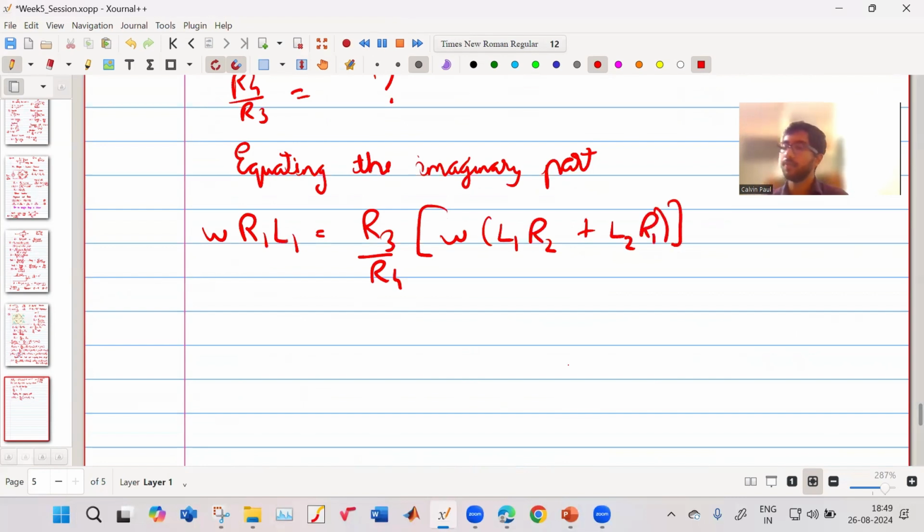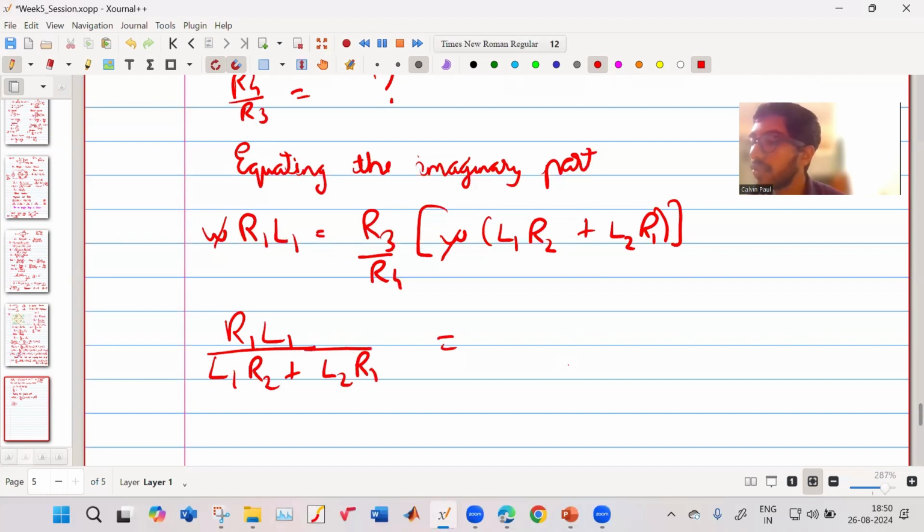Omega will get cancelled. So we have R1 L1 upon L1 R2 plus L2 R1 is equal to R3 upon R4.